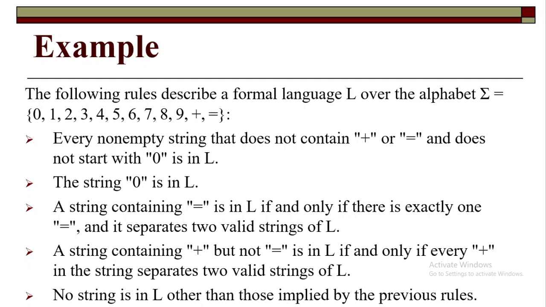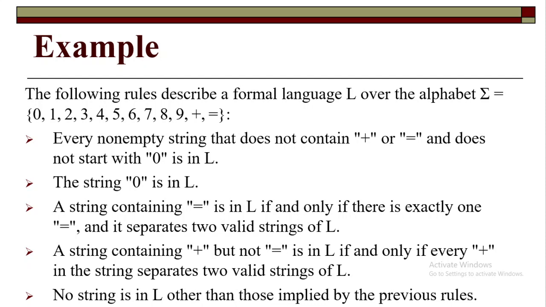So in this particular formal language, a string cannot start with the plus or equal to symbol or the number 0. And the string 0, that is a string with only one 0, is acceptable in the formal language.